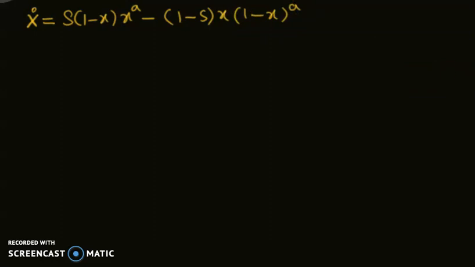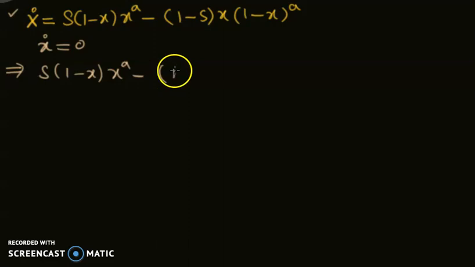Now we have to show that this particular evolution equation has three stationary solutions, or three fixed points, or three equilibrium solutions. For equilibrium points, we set x dot to be 0 as always, and this will give s times (1 minus x) times x to the a minus (1 minus s) times x times (1 minus x) to the a equals 0.